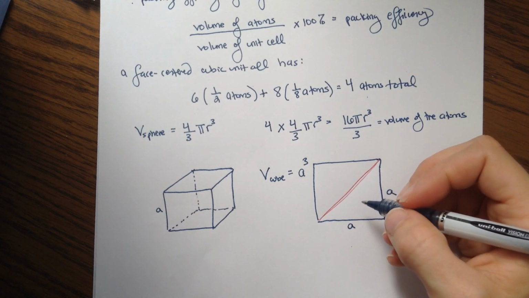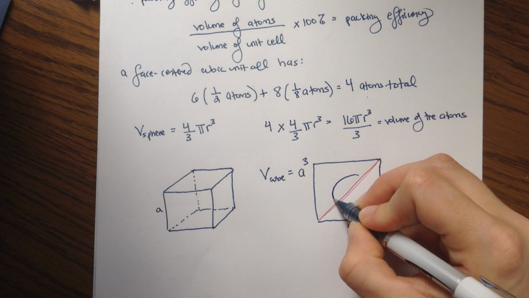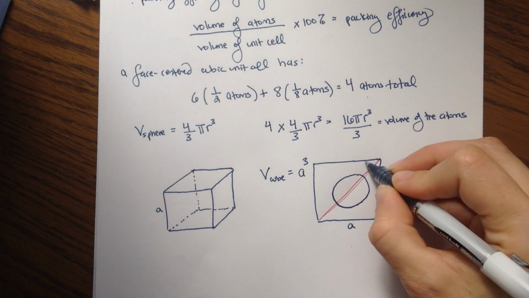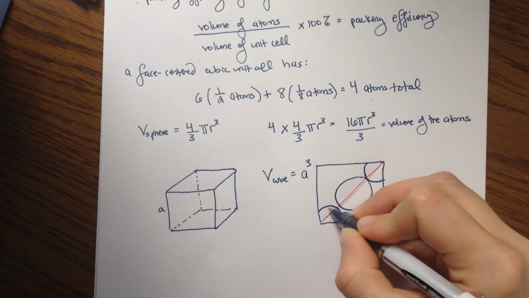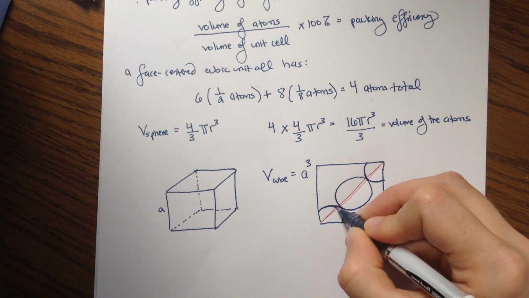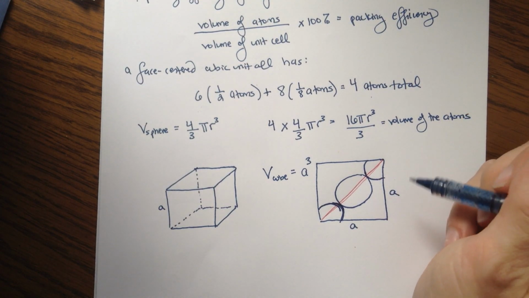Now, this is really going to be out of scale, so forgive me. But remember what's going on here? We've got an atom here, and then we've got pieces of atoms. Oop, these are touching. That's important. Pieces of atoms right there, and I'm just drawing a line through the radii here.